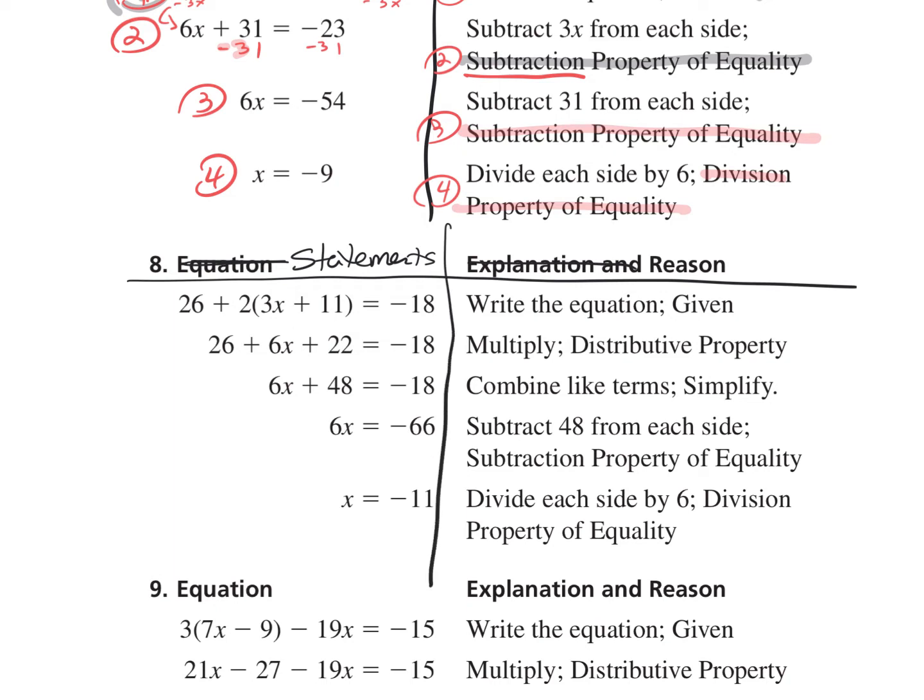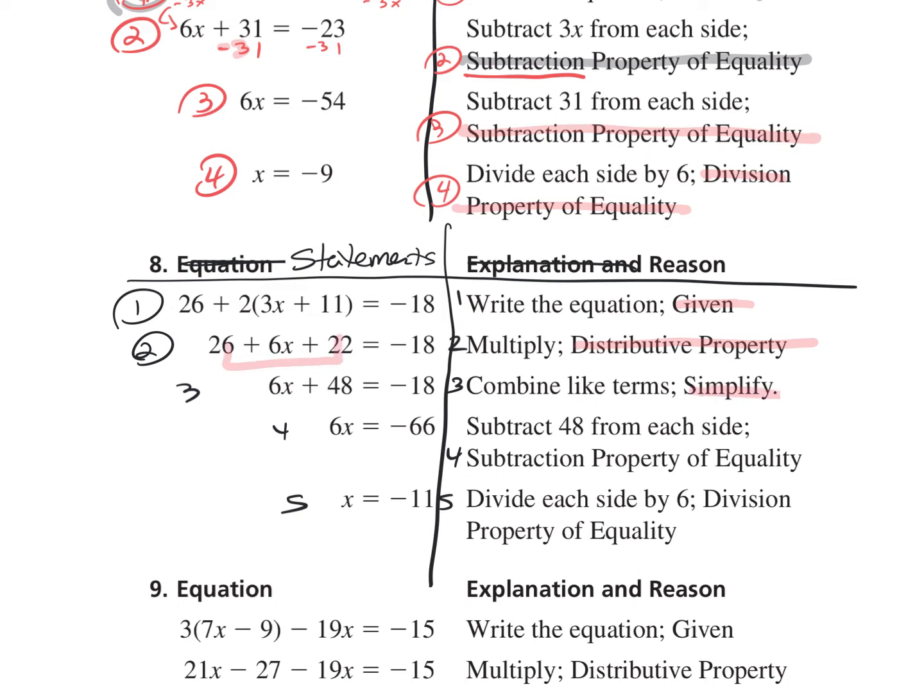So from step 1 to 2, what they did was they distributed. So this is the distributive property. Number 1 was given. So 1, 2, 3, 4, 5. And then from step 2 to 3, what they did was they combined like terms.